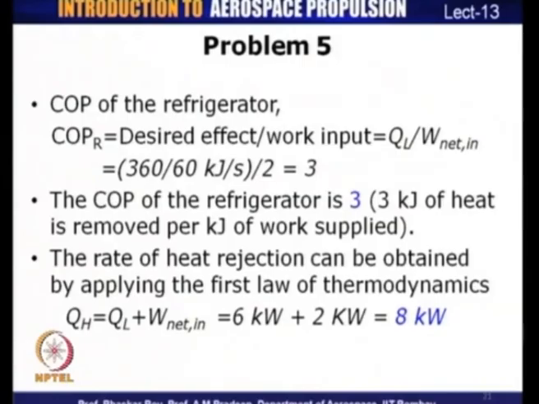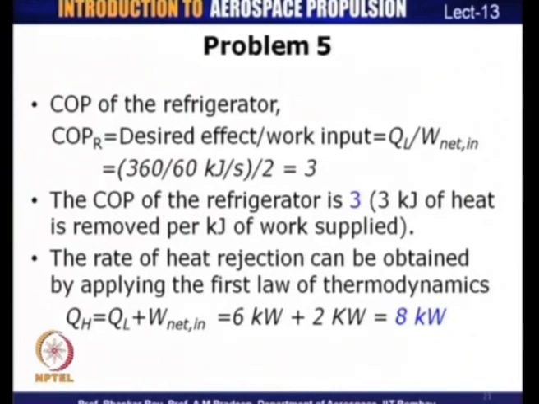And so, here QL is given as 360 kilojoules per minute. So, we have to convert this to kilojoules per second, and therefore, 360 divided by 60 is 6 kilojoules per second, divided by 2, and so the COP of this refrigerator is 3.